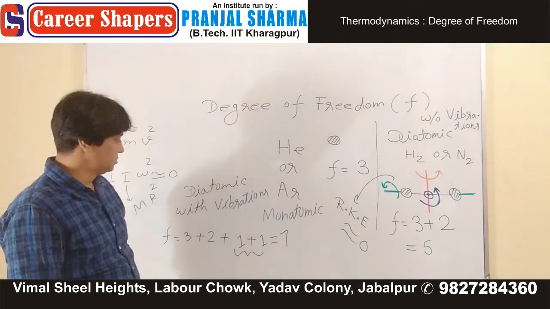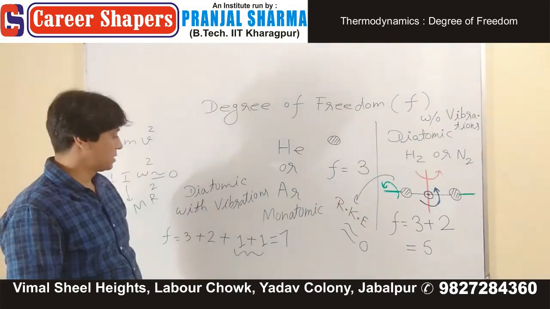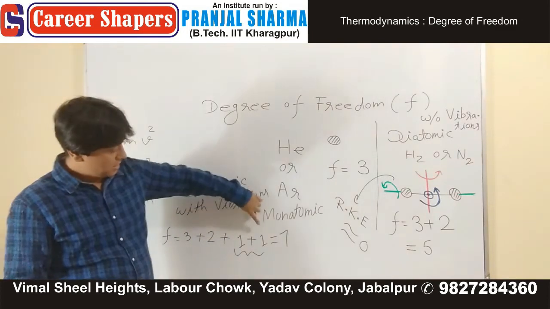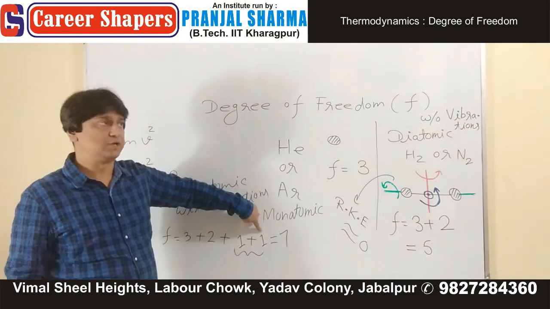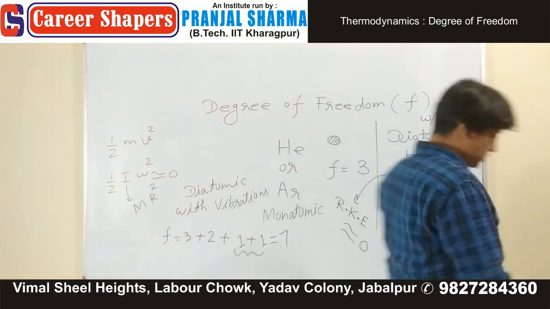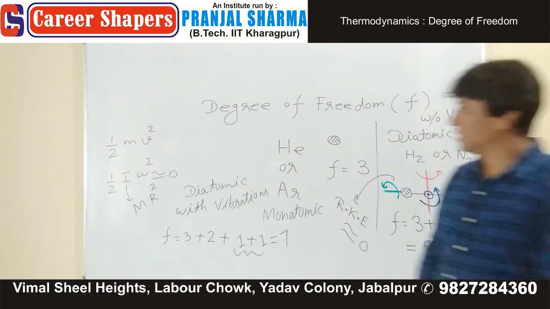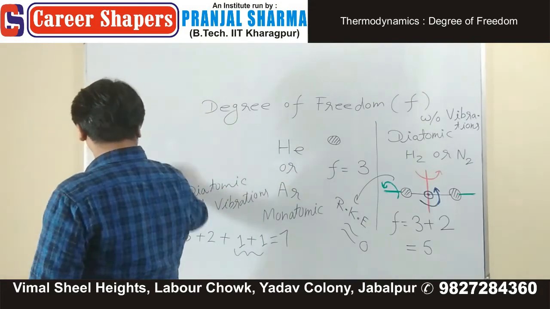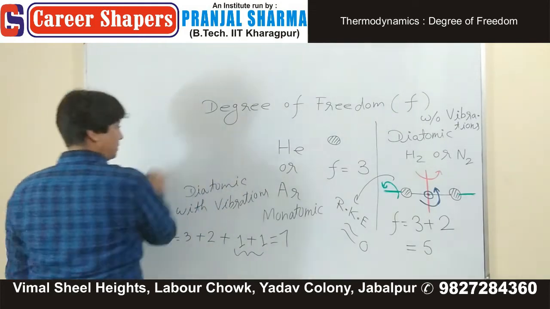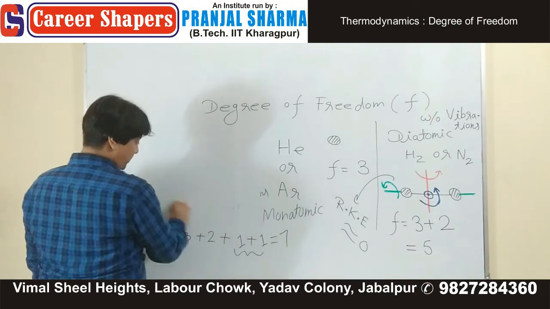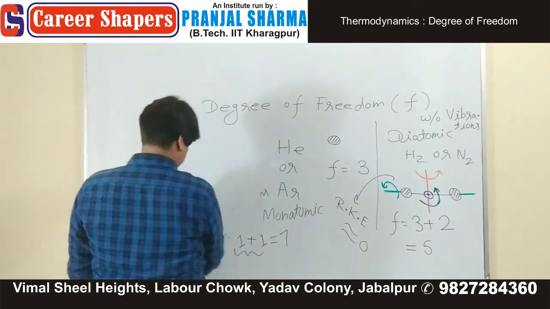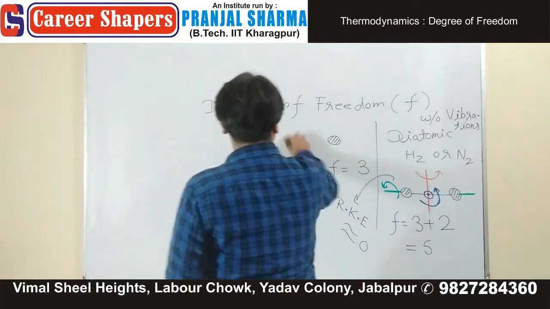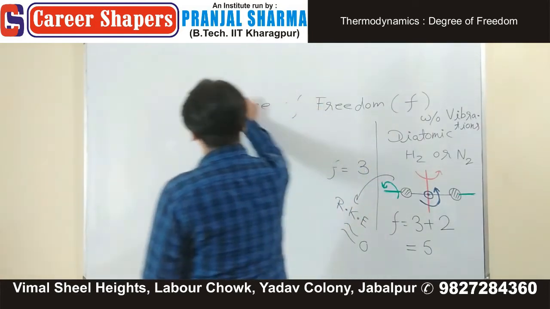A vibrating molecule has vibrational kinetic energy and also has vibrational potential energy, thus giving us two additional degrees of freedom, and therefore total degree of freedom is 7.